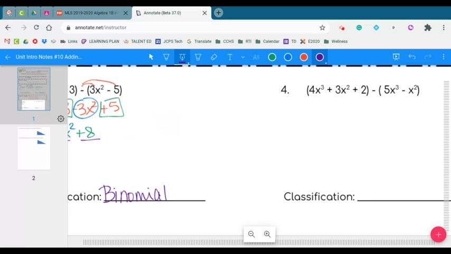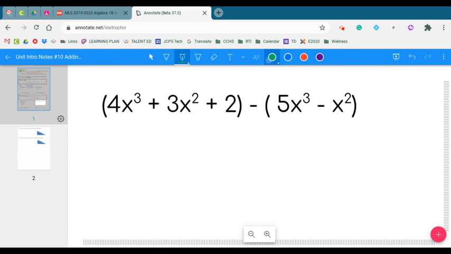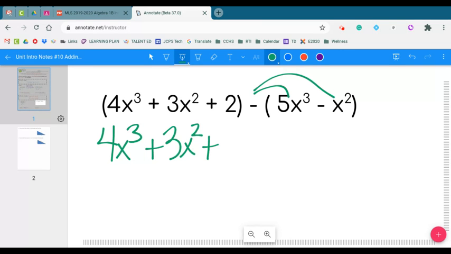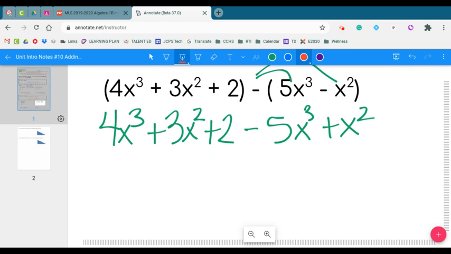Okay, number 4, we're going to do the same thing. We're going to distribute that negative sign first. So our first parenthesis stays the same. Negative times 5x cubed is going to give me a negative 5x cubed. And then a negative times a negative x squared is going to give me a positive x squared. Then combine like terms. You have 4x cubed minus 5x cubed.